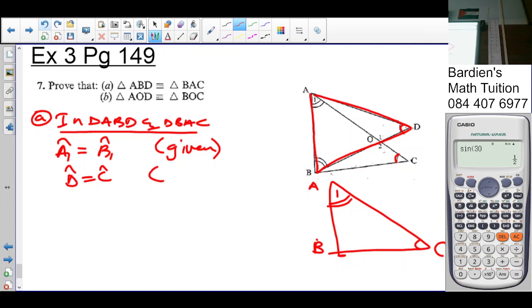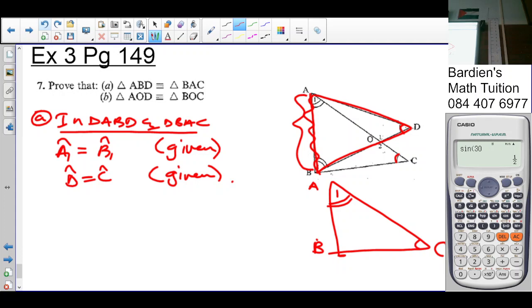So we must use a side now. AB is not the angle A1 and B1, that's length AB. Can you see AB is in both triangles?